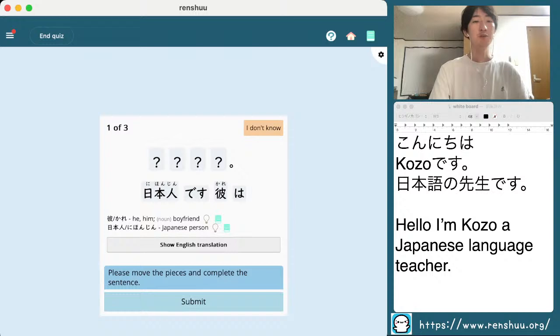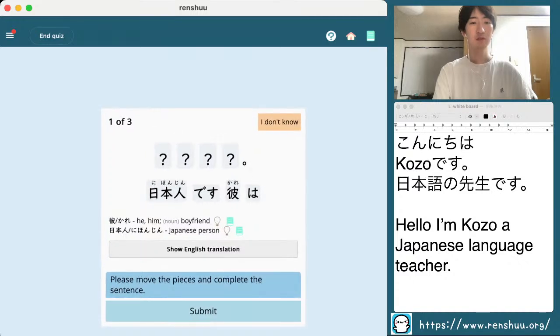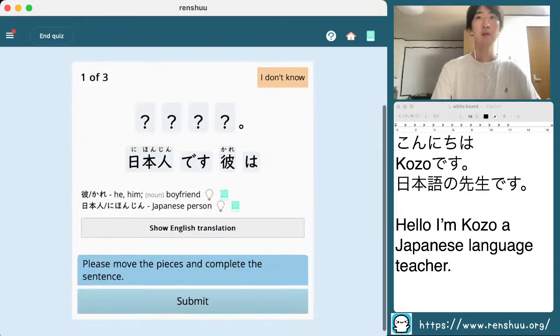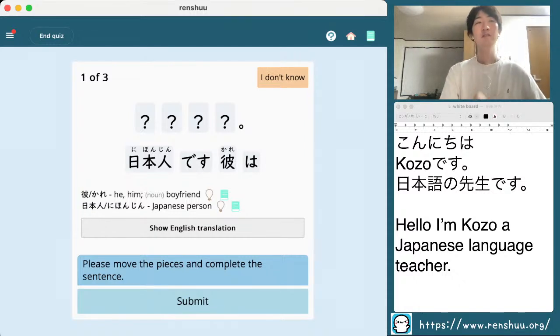If you are ready, can you try to answer these questions? You need to change the line to make a complete sentence. Please move the pieces and complete the sentence.